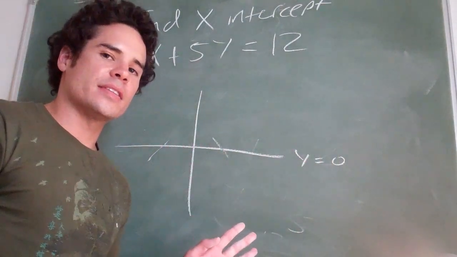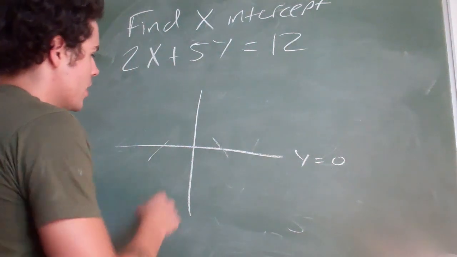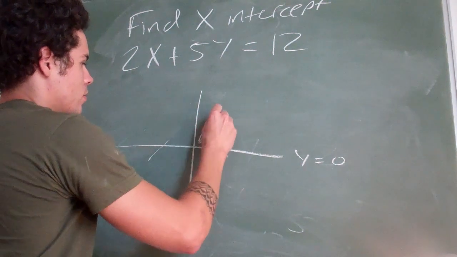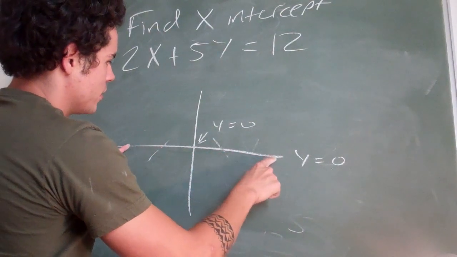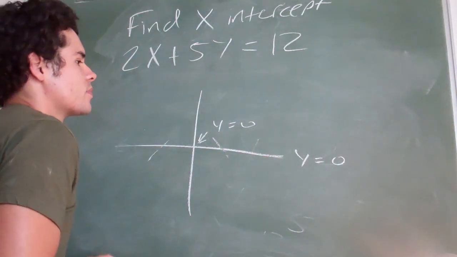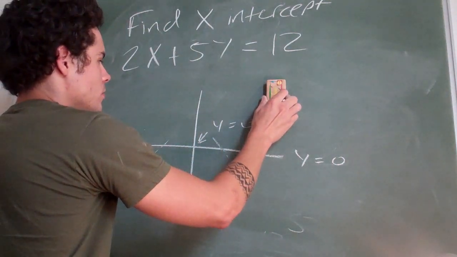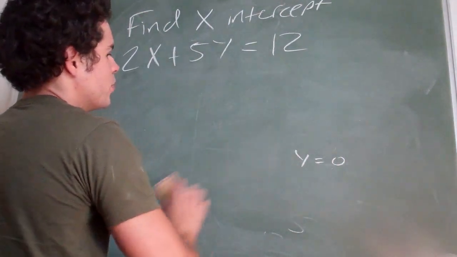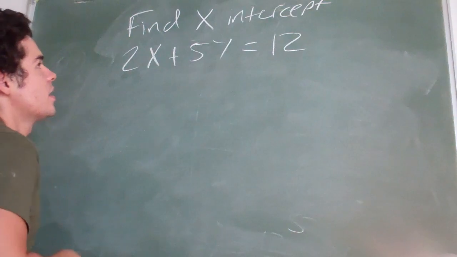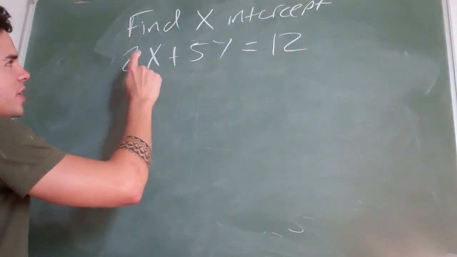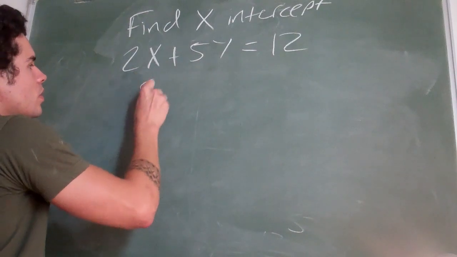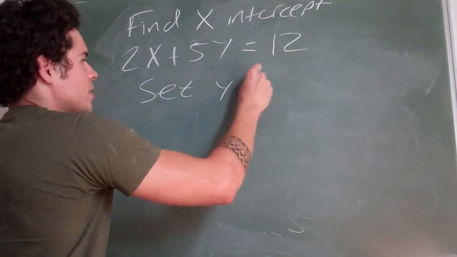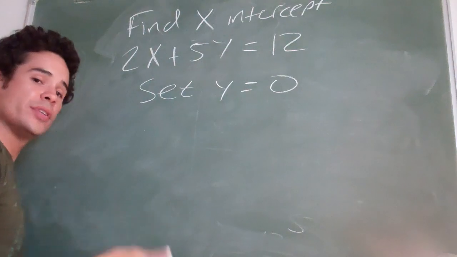Anywhere along this line, y is equal to 0. So if we want to find the x-intercept, now we're going to have to set y equal to 0. So we do the opposite.